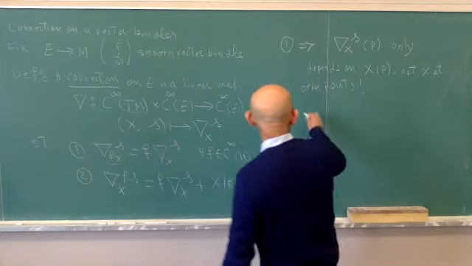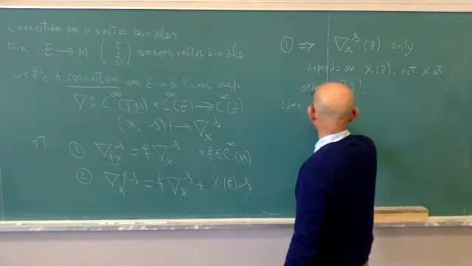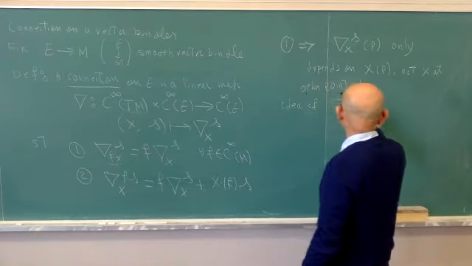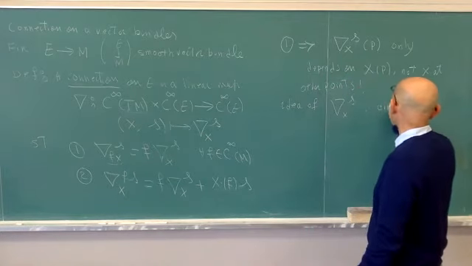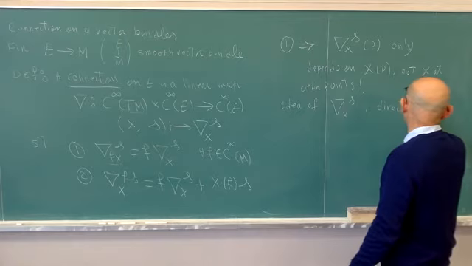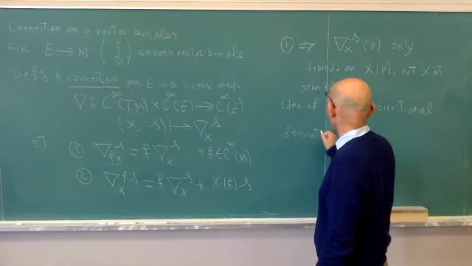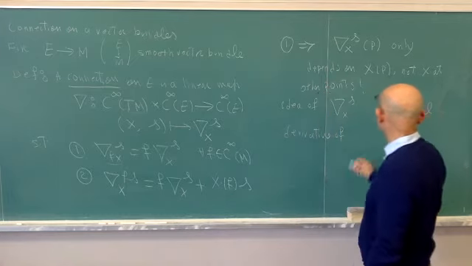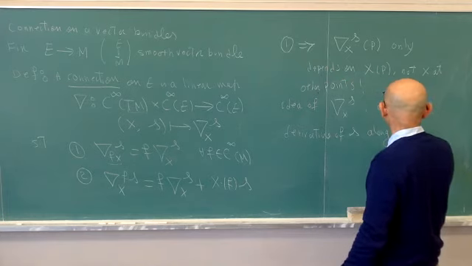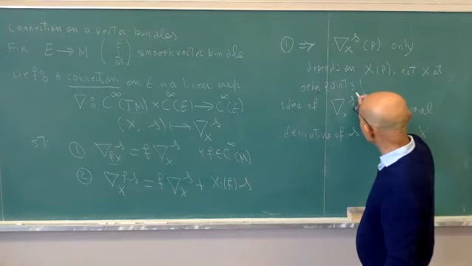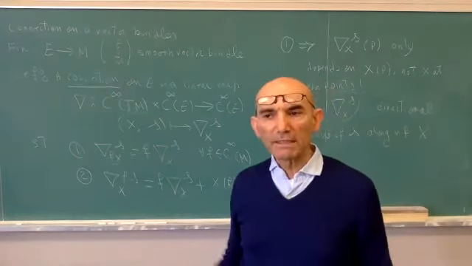By the way, the idea of this notation, nabla_X S, is basically the derivative of S. It's basically the directional derivative of S along the vector field X. So this is a notion of taking derivatives, but directional derivatives, as in calculus.